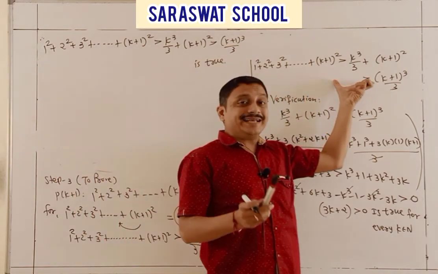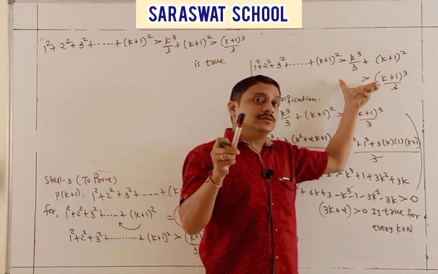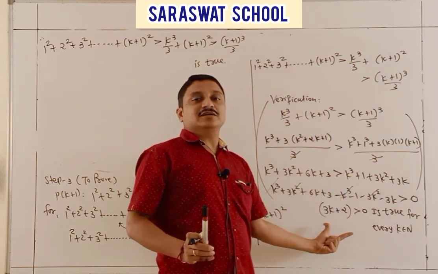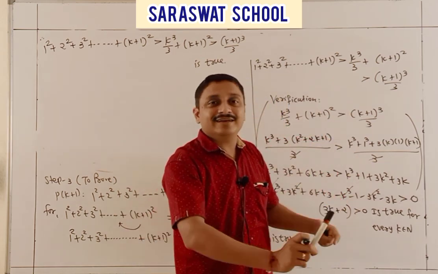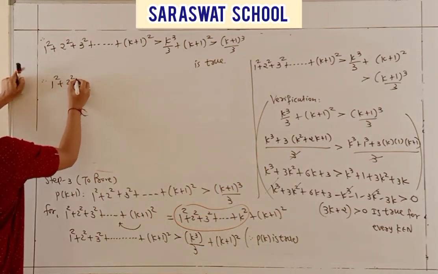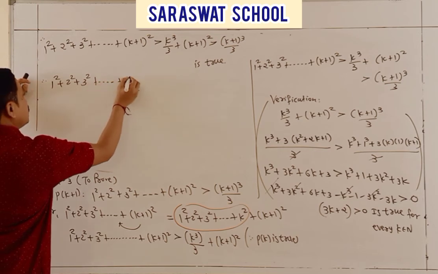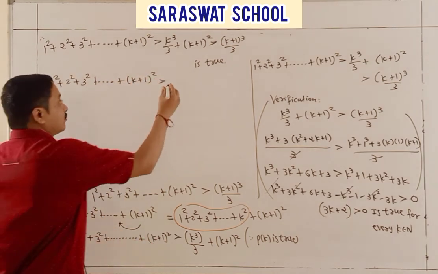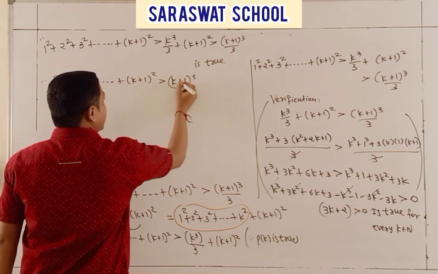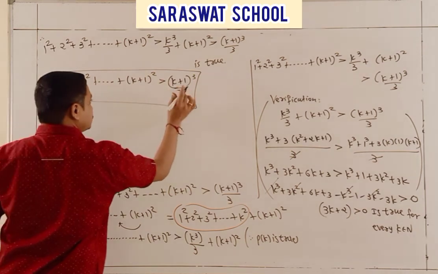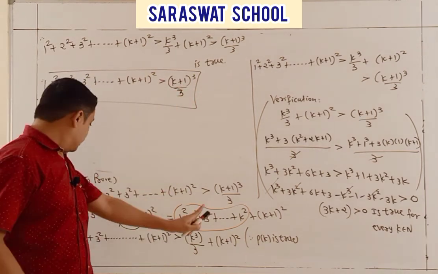Actually here it is not yet true, I just write it down because I proved that. But now after this condition we can confidently say it is true. So I again write this full value: k plus 1 whole square is greater than k plus 1 whole cube by 3. And students, this is your final step. We conclude here.